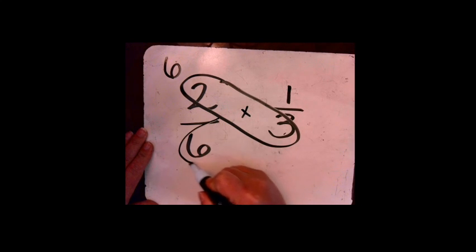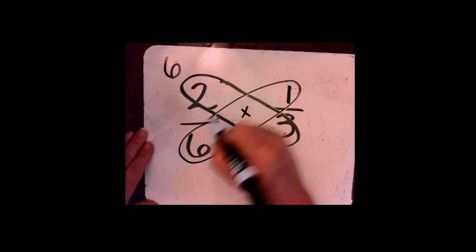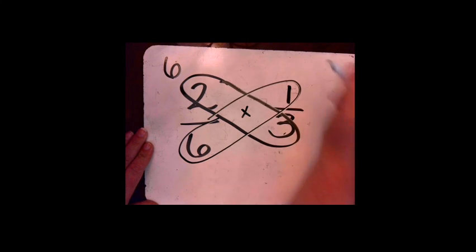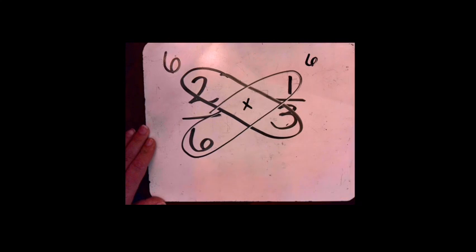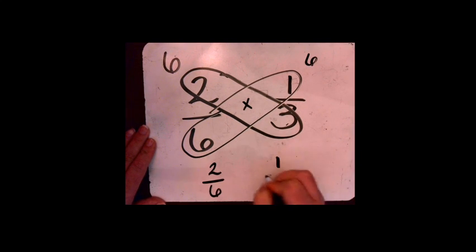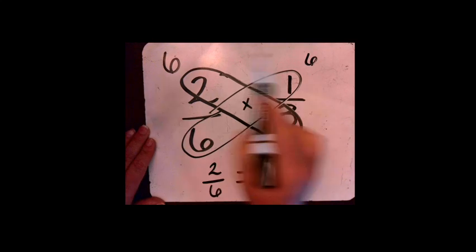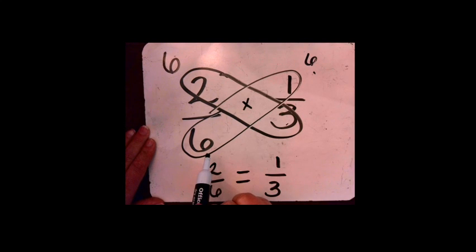Now I do the cross side, the denominator and numerator of the other problem. 6 times 1 equals 6. So 2/6 and 1/3 are what? They are equivalent fractions, or they equal the same amount. So this one was kind of tricky. This one came up with the same answer, so they are the exact same.